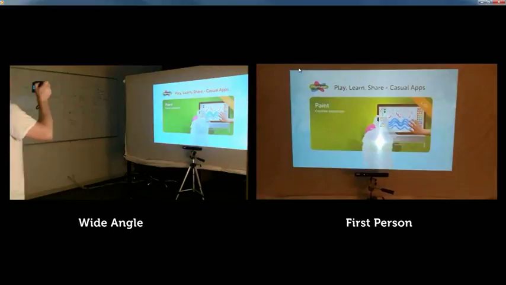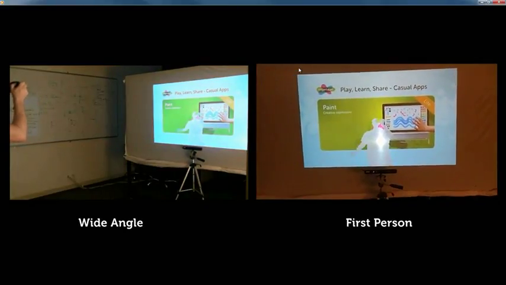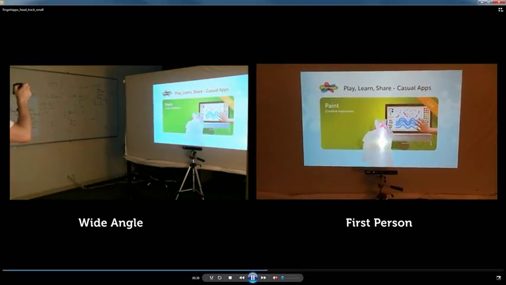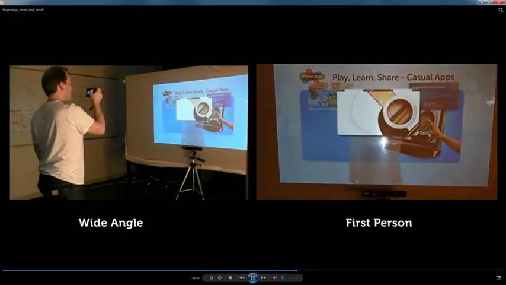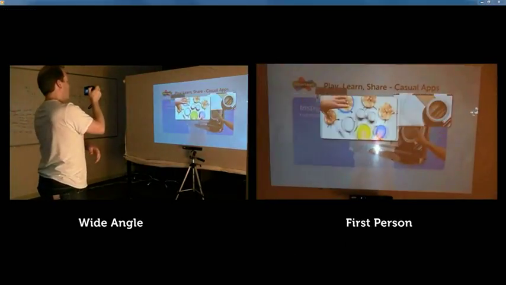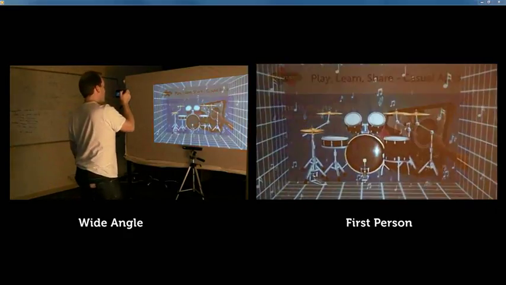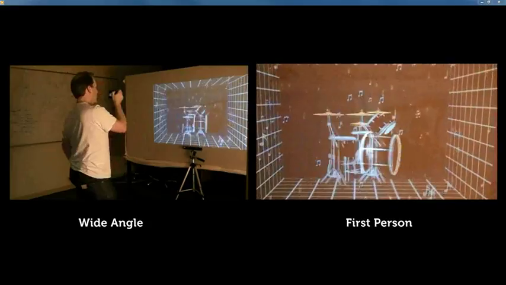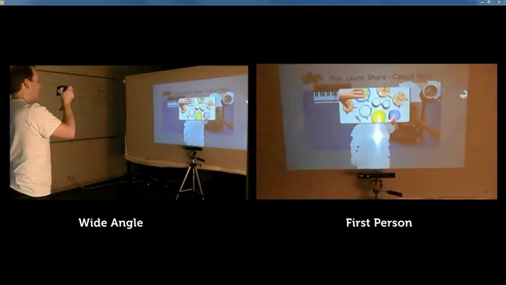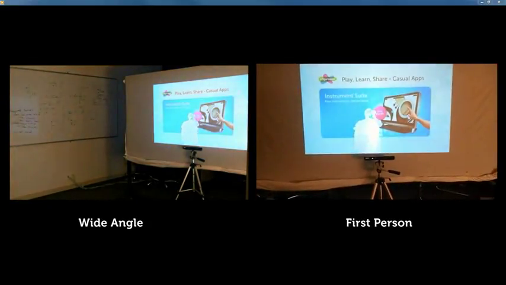He moves out again. He can then pan around and do other bits and pieces with it. It's all done with skeletal and head tracking, using a Kinect and the Kinect SDK, which I'll show a little bit more of in the future.